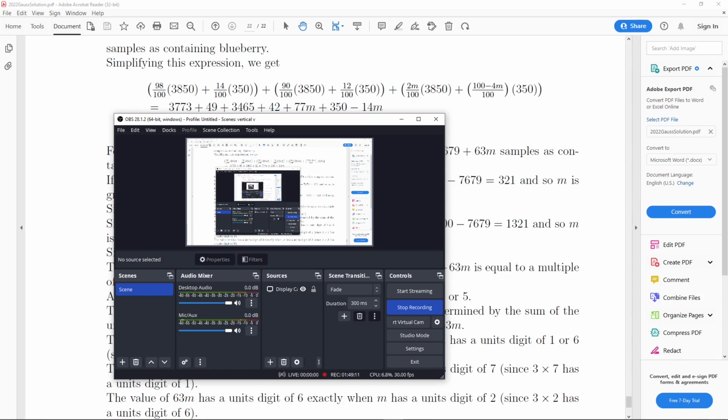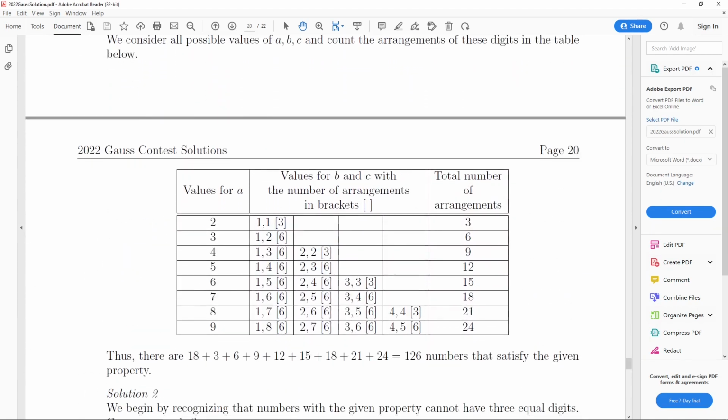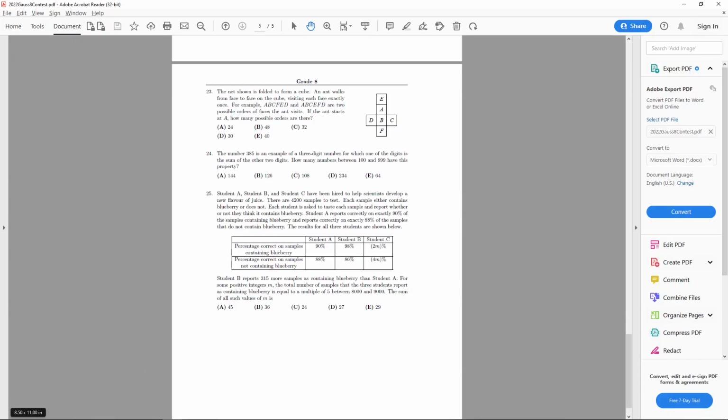So make sure you get your algebra and calculation up to speed. Actually, I'm curious, are any calculators allowed?